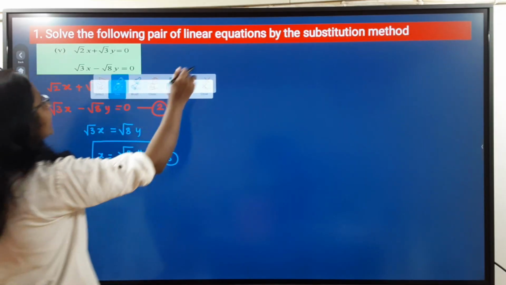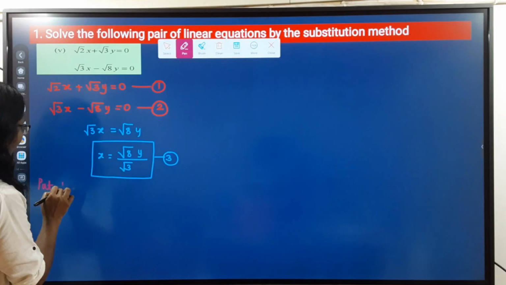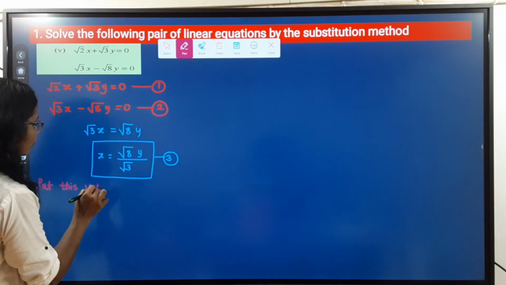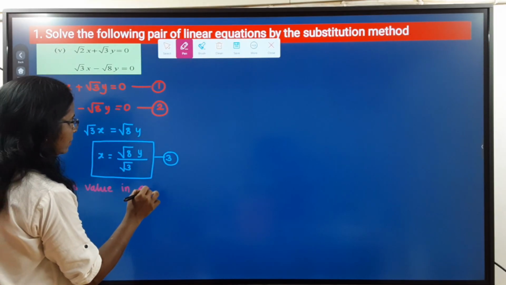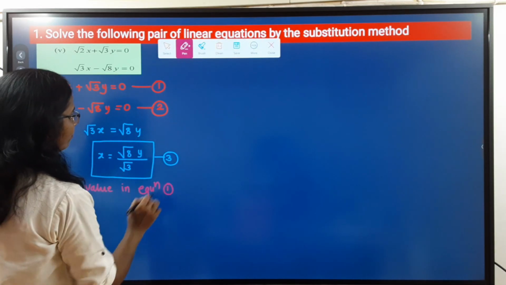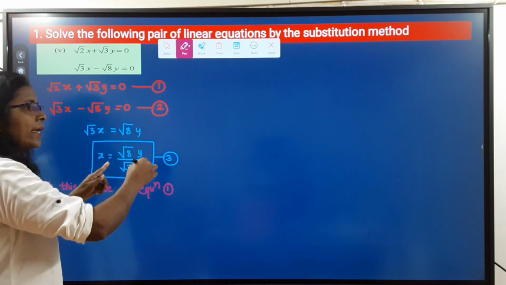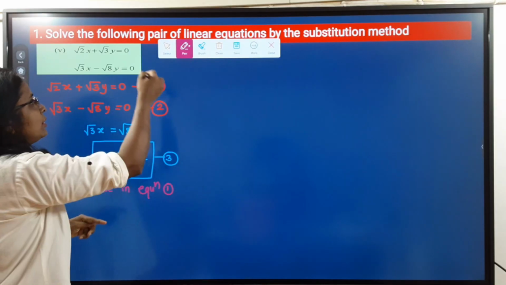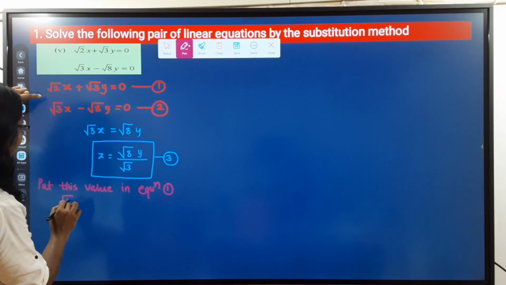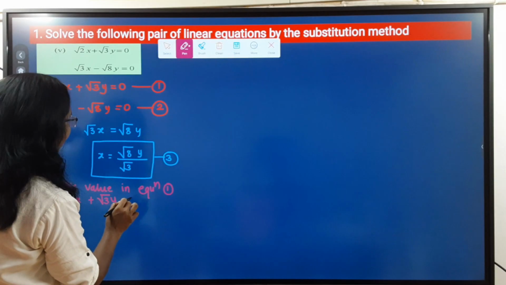Now the next step is that put this value in equation 1. Because we got this value of x from the second equation, so we put this value in equation 1. So here I write down equation 1, root 2x plus root 3y is equal to 0.